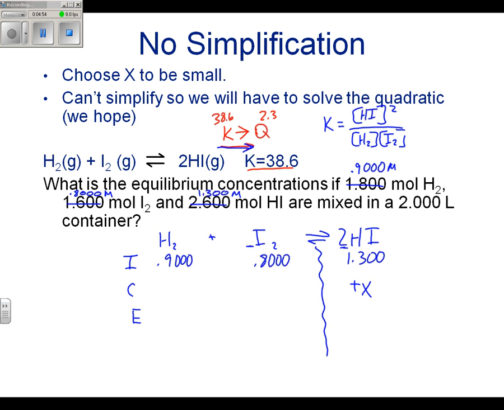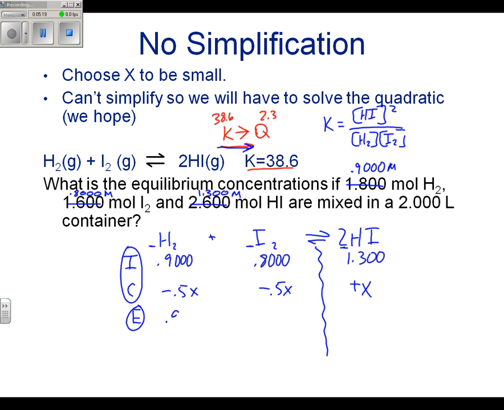And so this is going to be half, and it's going to be negative 0.5x. The same thing is going to be true for H2 because it also has a coefficient of 1. So negative 0.5x. Now I get my equilibrium, and you're just going to add your initial and your change together to get your equilibrium.